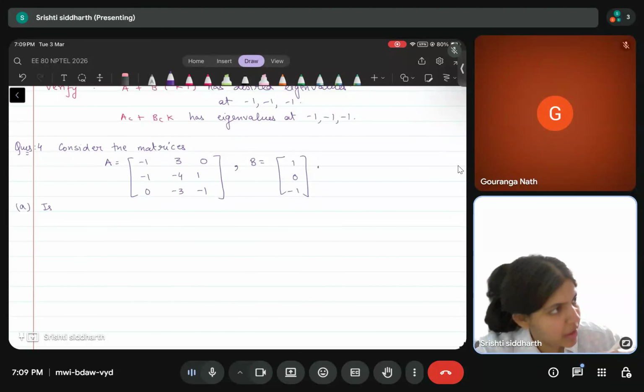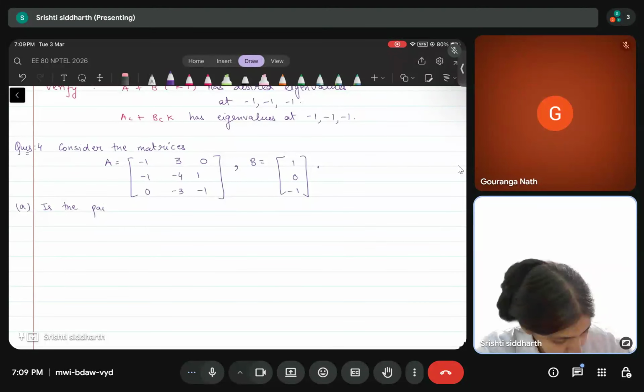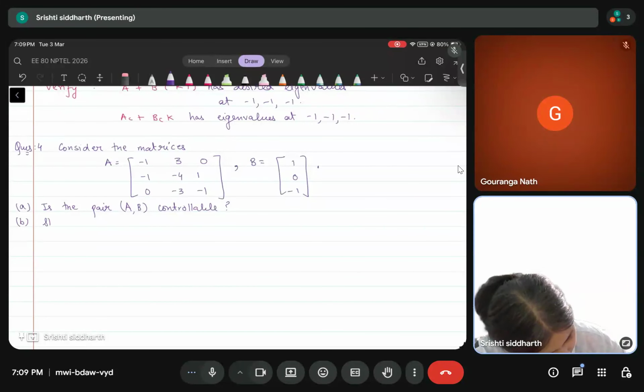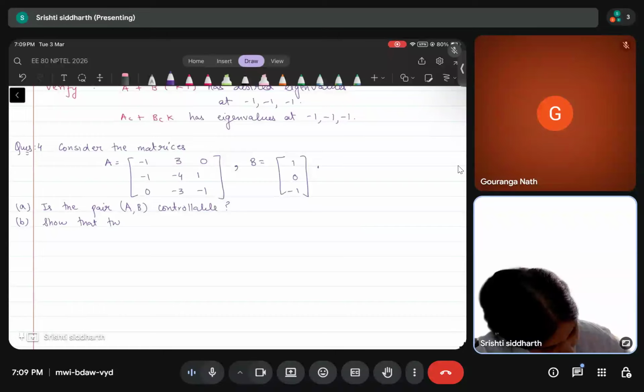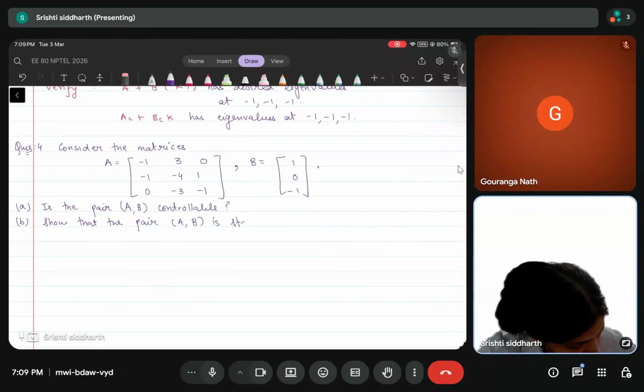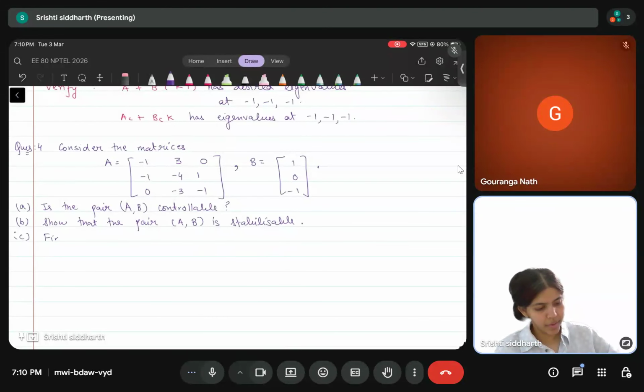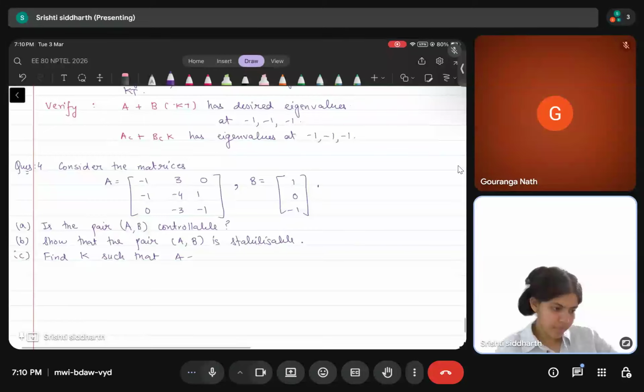First, is the pair AB controllable? Show that the pair AB is stabilizable. A plus BK, plus the eigenvalues matrix.